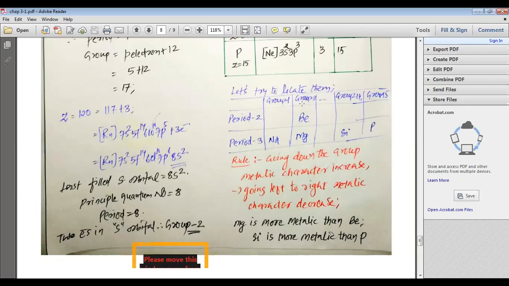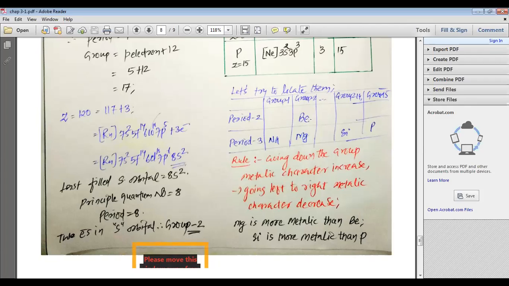Now beryllium is present in group number 2, whereas silicon is present in group number 14. So there is a vast difference. From group number 2 to group number 14, there are some 12 groups in between. Beryllium, which is present in the alkaline earth metal group, is metallic, whereas silicon and phosphorus would not be as metallic as beryllium, because beryllium is clearly a metal.